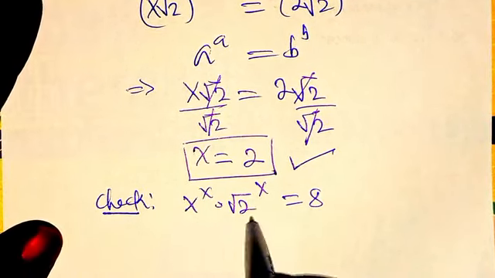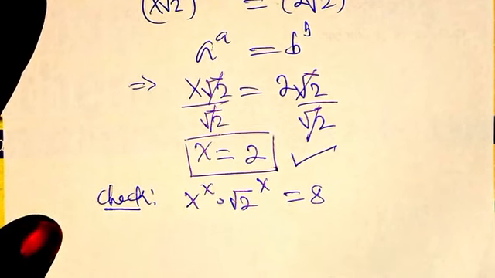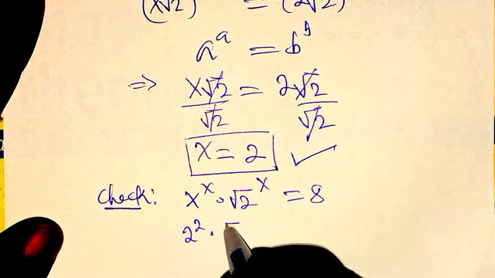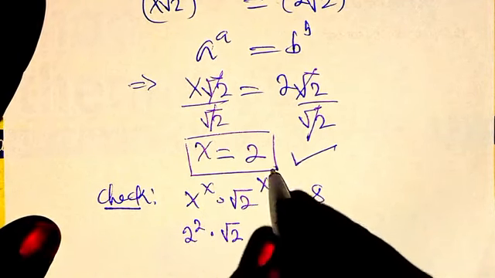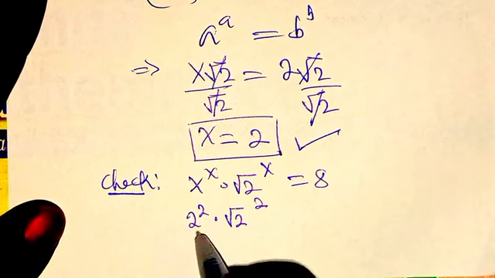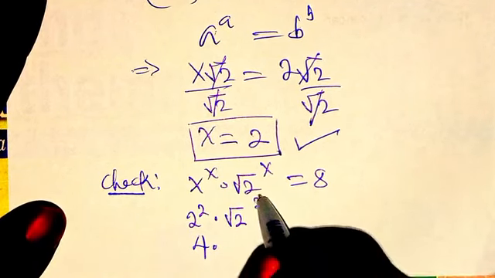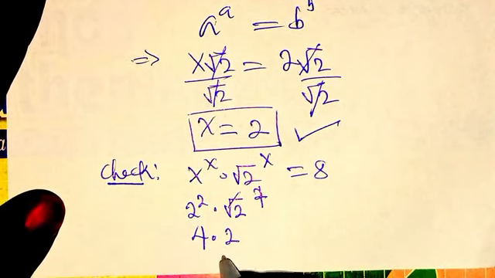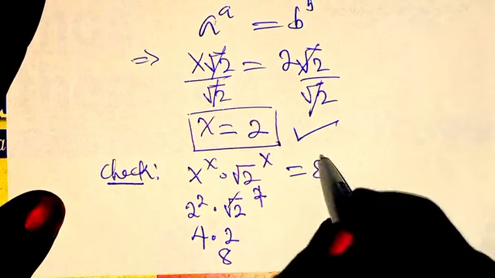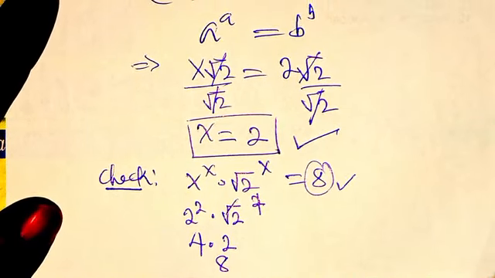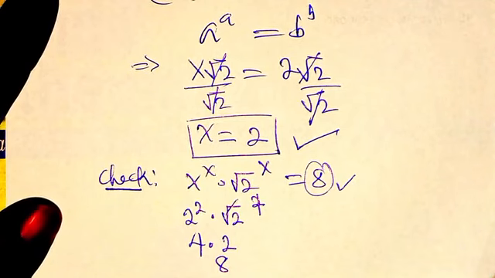Let's simplify the left hand side to see whether it gives us 8. x is 2, so 2 root 2, and x is also 2 here. We know that 2 to the power 2 gives us 4, multiplied by root 2 squared, which is 2. Then 4 multiplied by 2, you can see that we have 8, which is what we have here. So therefore we have our solution to be x equals 2.